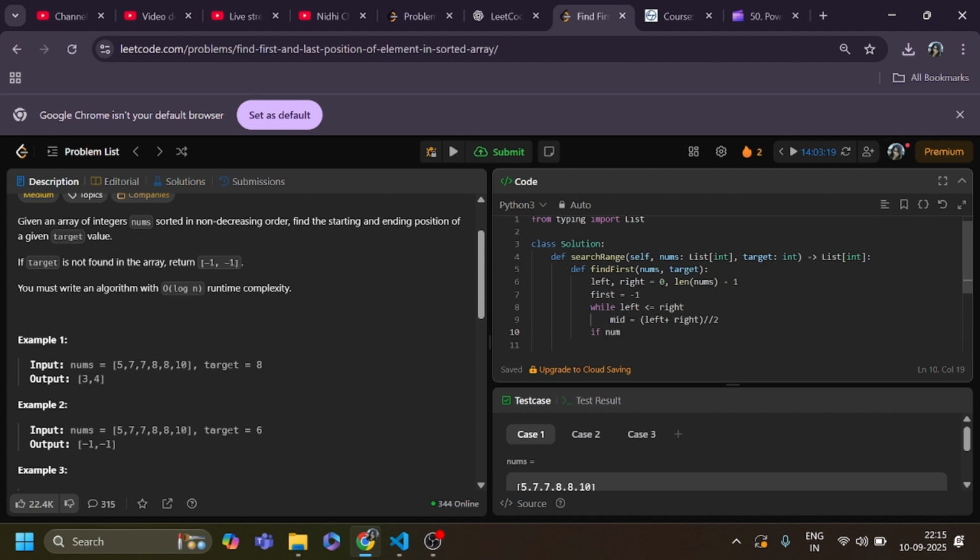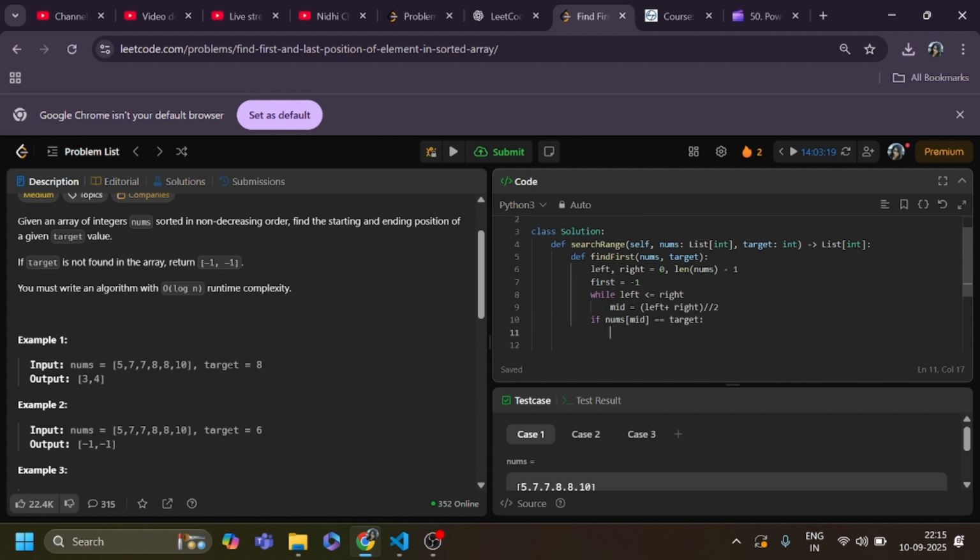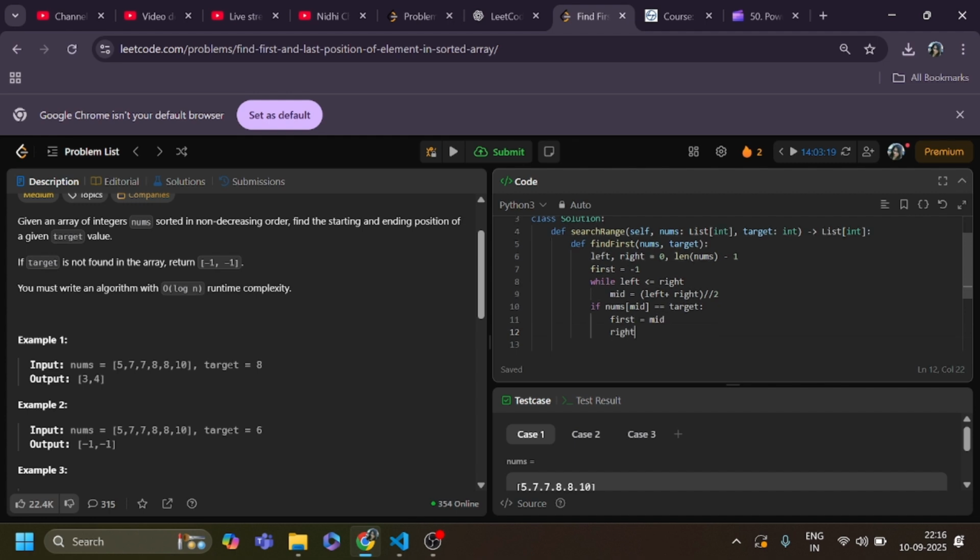Now I am applying the condition: if numbers of mid equals target, then first equals mid and right equals mid minus 1.